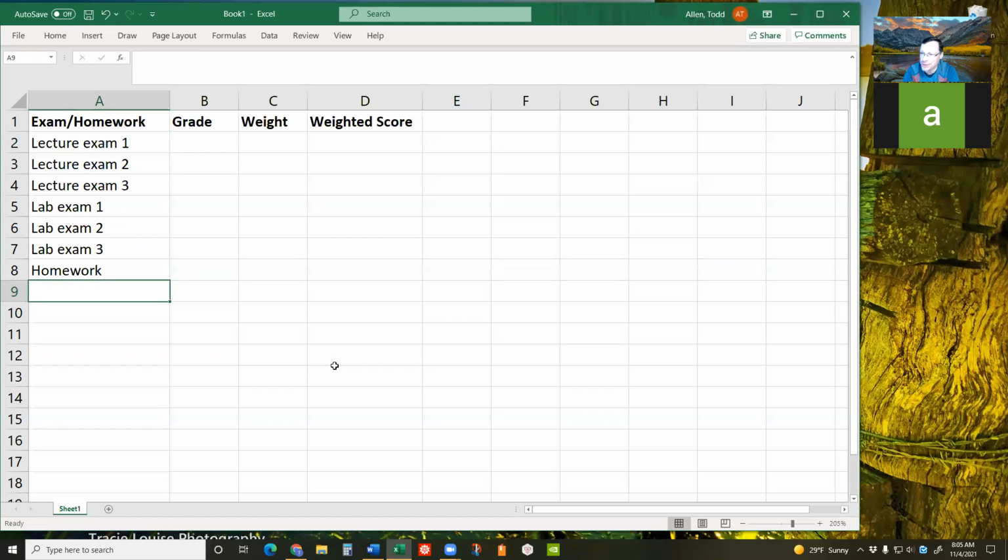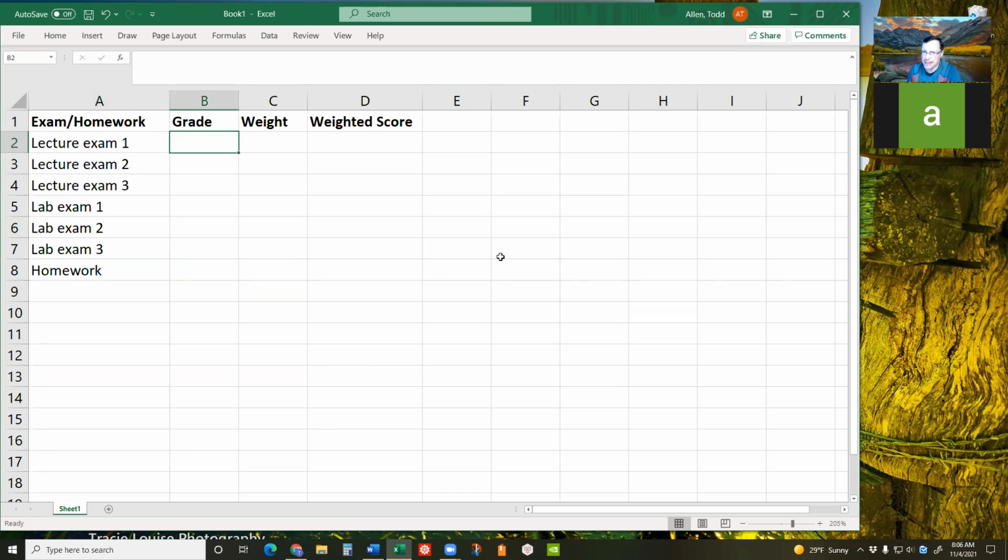All right, so I'm not going to use anybody's specific individual grades. I would never do that. What I'm going to do is a hypothetical calculation where I put in some numbers, and to do the same calculation for your own individual personalized grade, you would obviously substitute your own exam scores in the calculation. Okay, so lecture exam 1, the class average was a 71%.